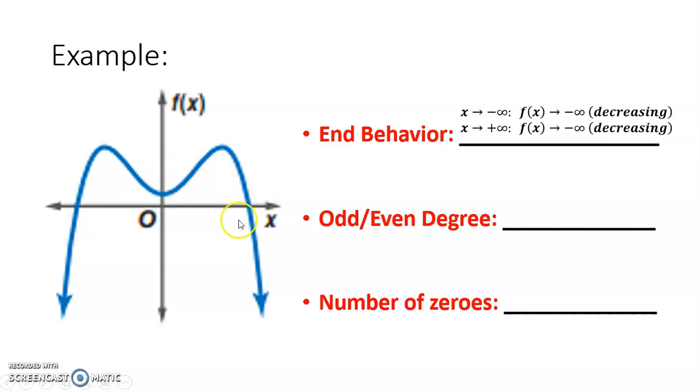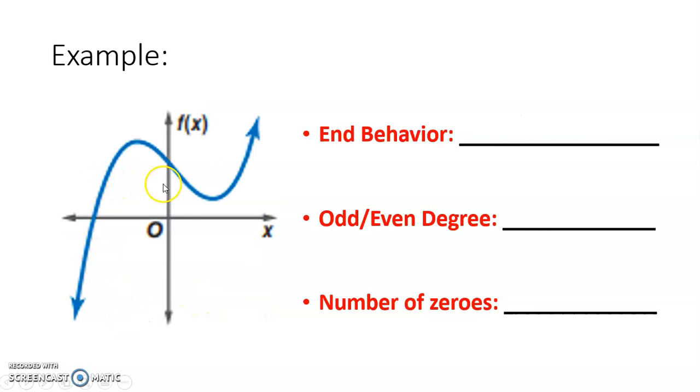Now, since both right side and left side go in the same direction, therefore, this particular graph is what? An even degree polynomial. And how many zeros are there? Look at this. This is one x-intercept and this is two x-intercepts. So therefore, this function has 2 zeros. Particularly, 2 real zeros.